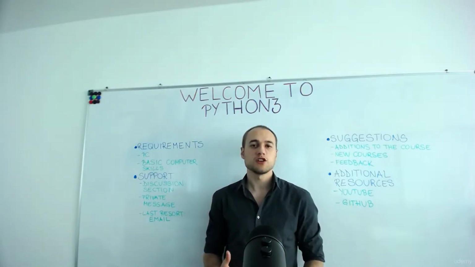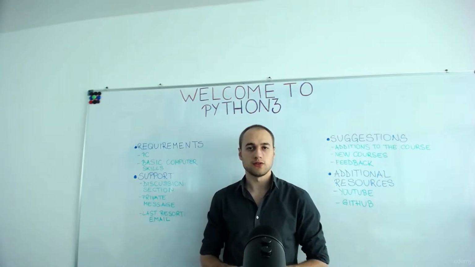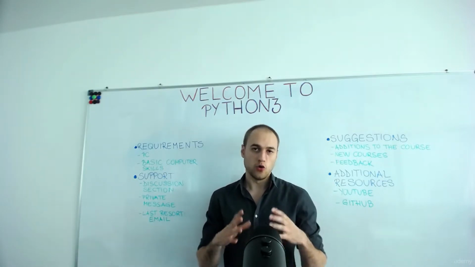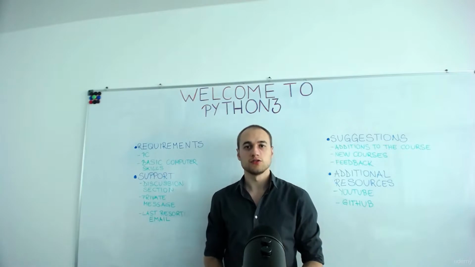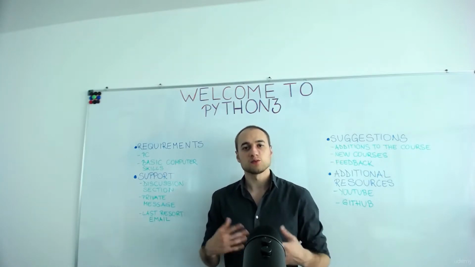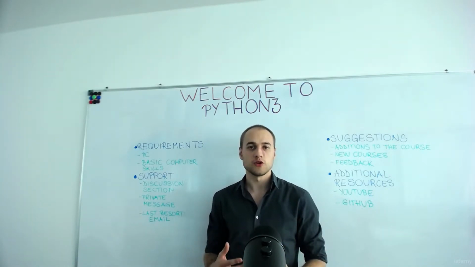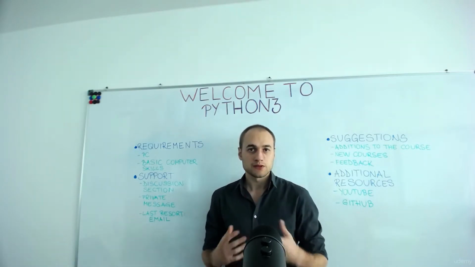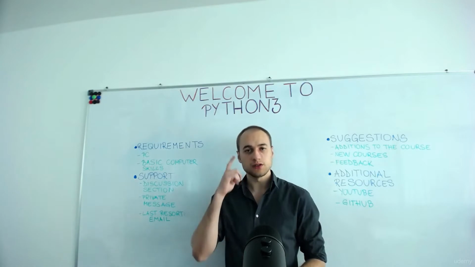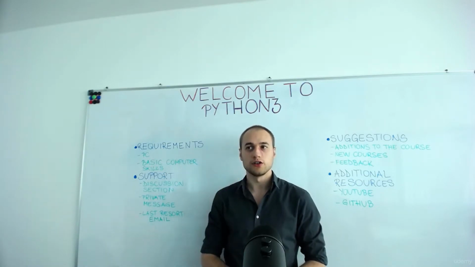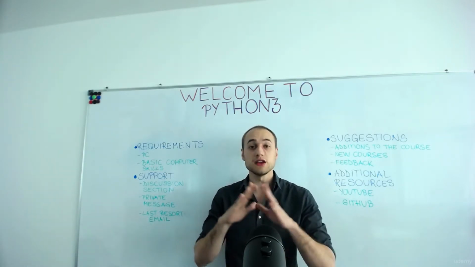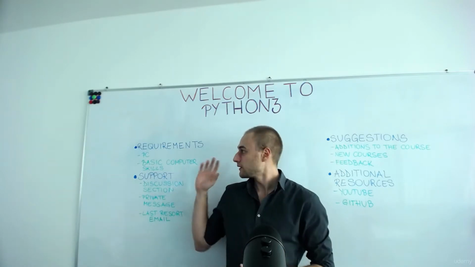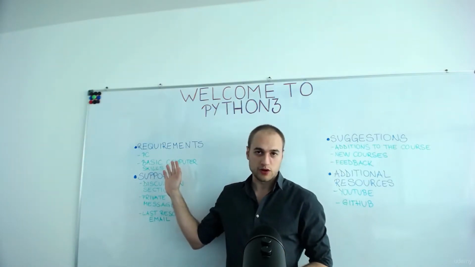Now, before we begin with the actual course itself, I wanted to go over a few things with you, introduce you to the course a little bit, and explain some of the additional features that we offer along with the course as well. So, the very first thing that you need to take into consideration are the pre-requirements when taking any course out there. We have some very basic pre-requirements for this course.